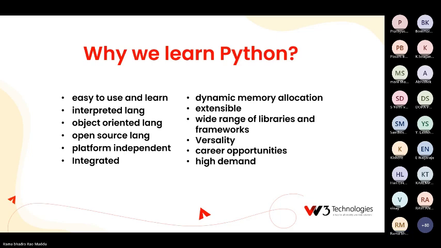Integrated. Python's advantage is you can write code in C, C++ or Java, and other language code you can also integrate in Python. It means you can use other language code in Python. It is called integrated.